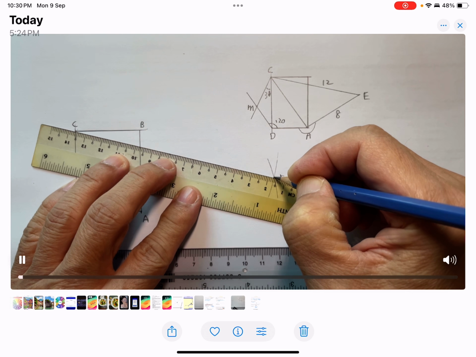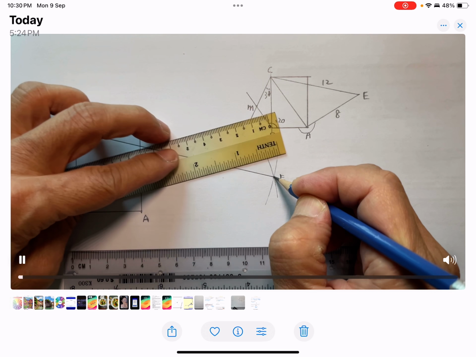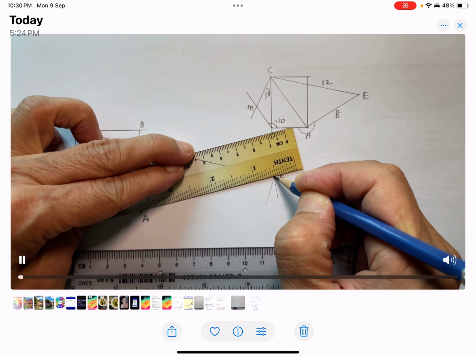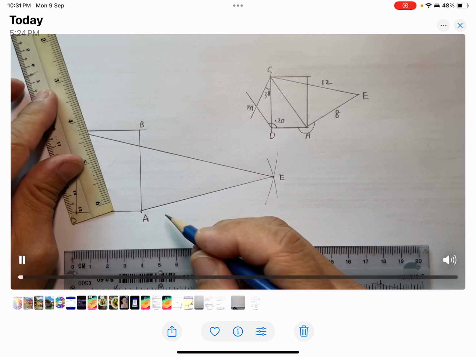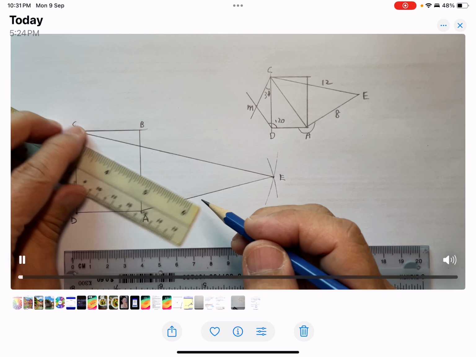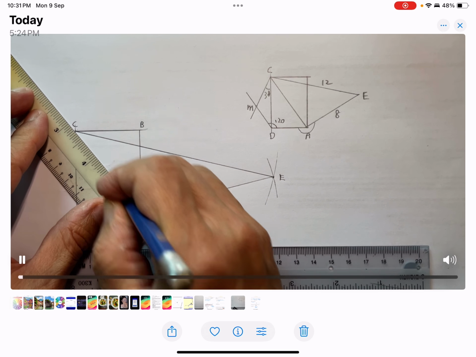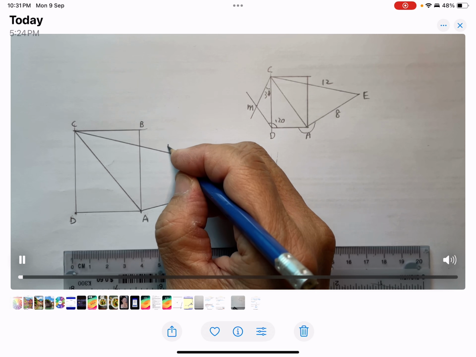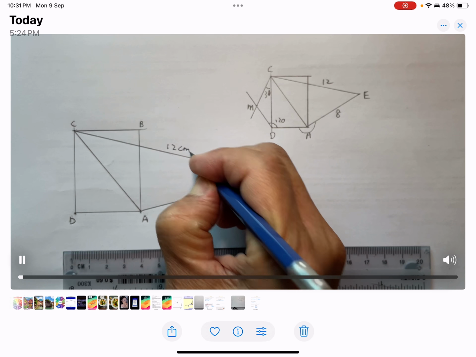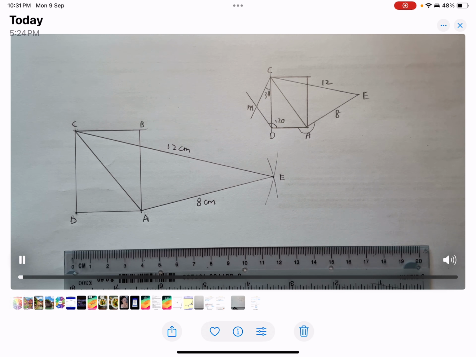Join E to C, A and E, and C and A. Right, so here is 12 cm and this is 8 cm. So we complete the first part.